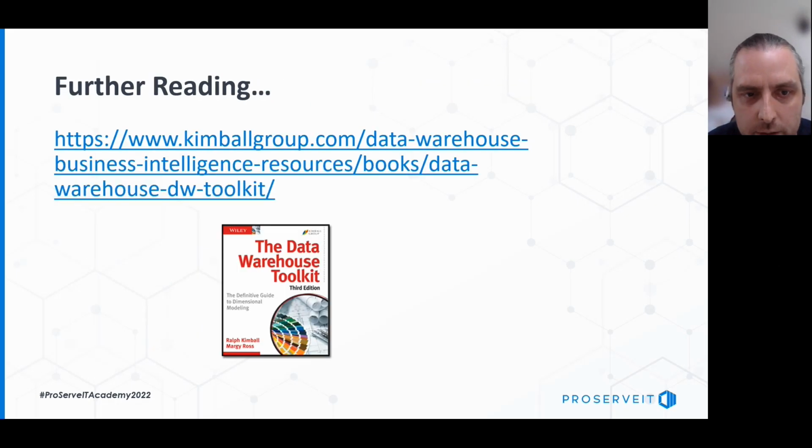For further reading, which is going to give you more information on dimensional modeling, the benefits, that 4-step process, all that stuff, we recommend executives read chapter 1 of this book. It's a pretty quick read, and it really gives you a great grounding in the why, the benefits, and that 4-step process.